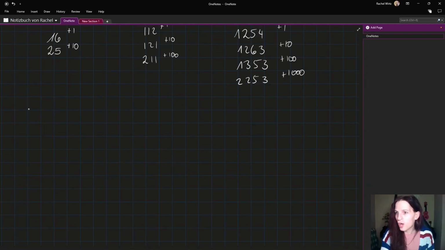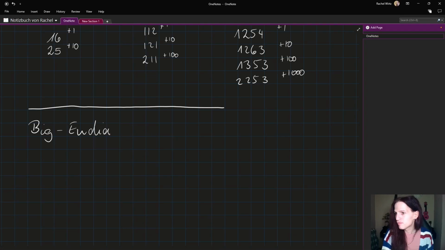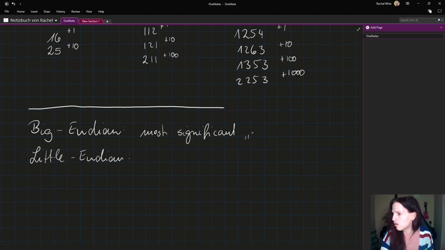So if we now look up how endiannesses are defined, big endian and little endian, we will see that big endian states that the most significant one goes first, and little endian puts the least significant one first.